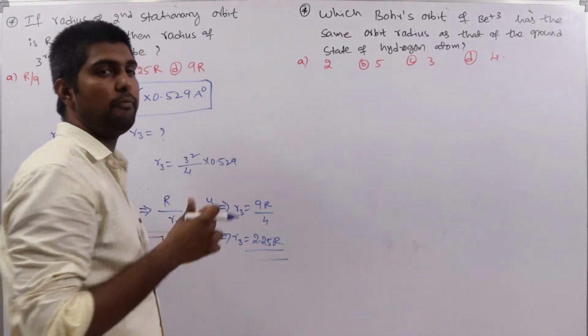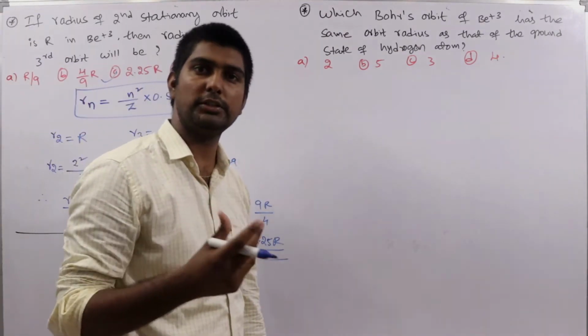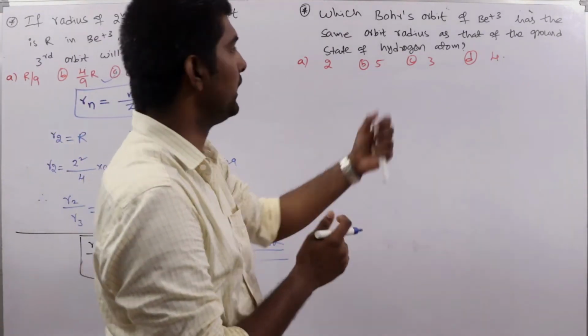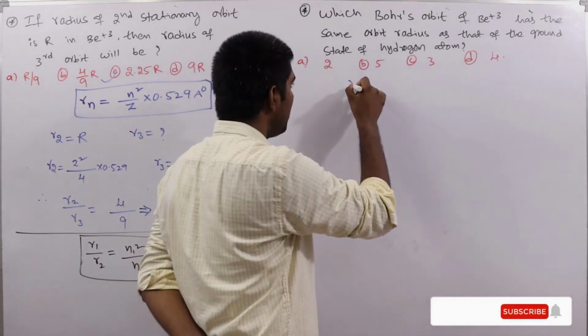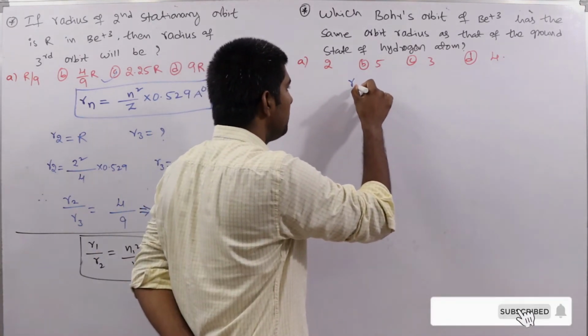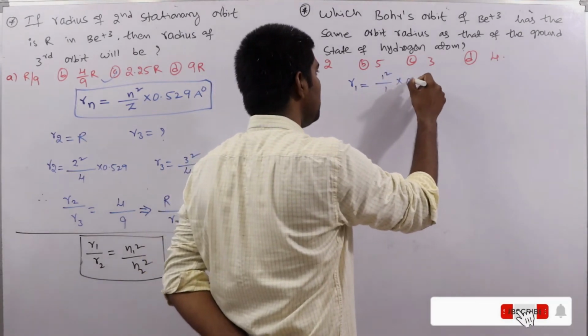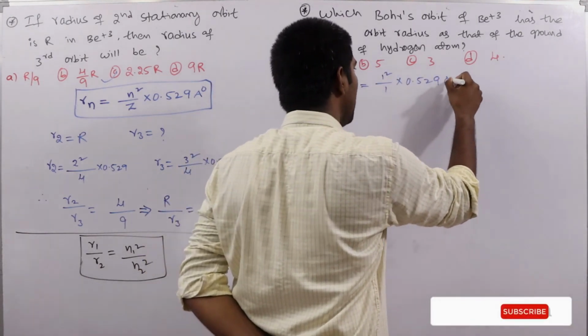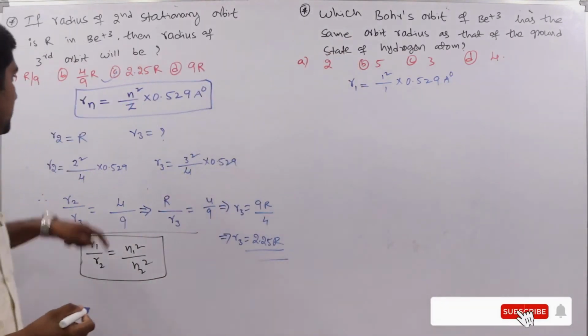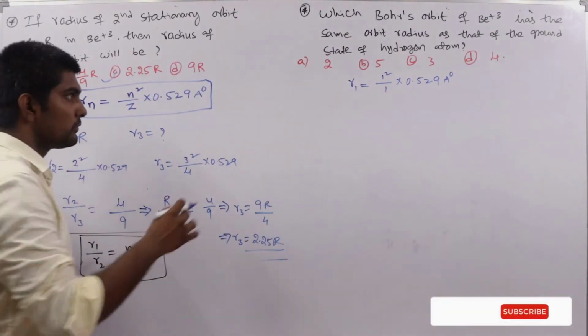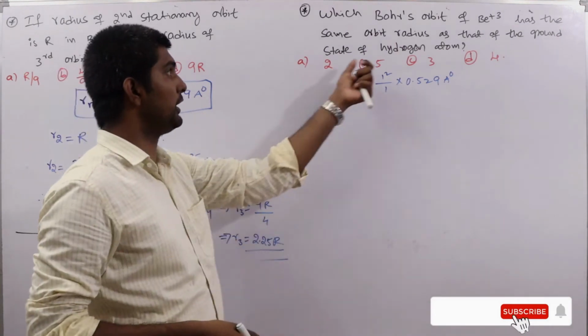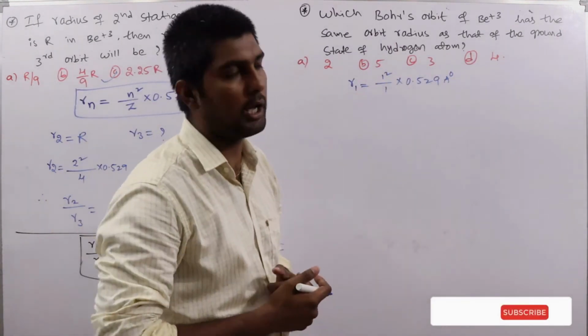See, the ground state of hydrogen atom is nothing but the first orbit in the hydrogen atom. So the first orbit in hydrogen atom, that is nothing but R1 is equal to 1 square by 1 into 0.529 angstrom. Yes or no? This is the formula. And the ground state of hydrogen atom is nothing but the first orbit.